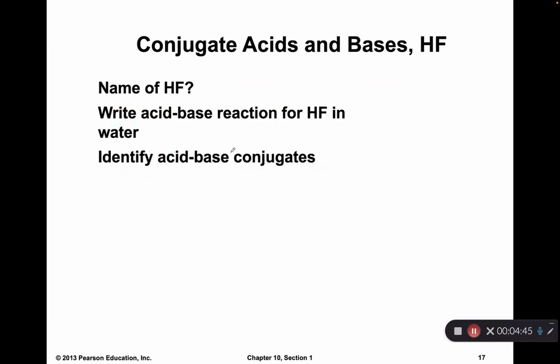Name of HF. First of all, HF, what is this? It is an acid. It has a hydrogen in the formula, right? It is an acid. What is the name? HF will form H plus and F minus. F minus is the fluoride ion, right?